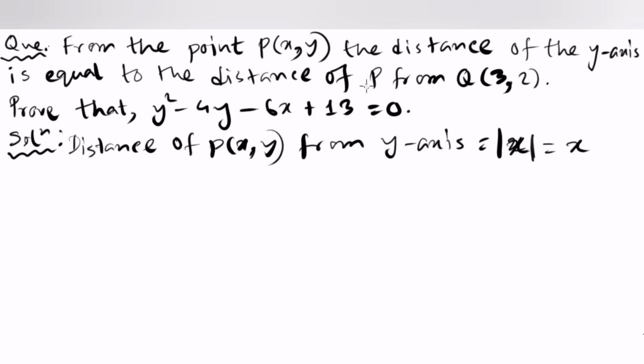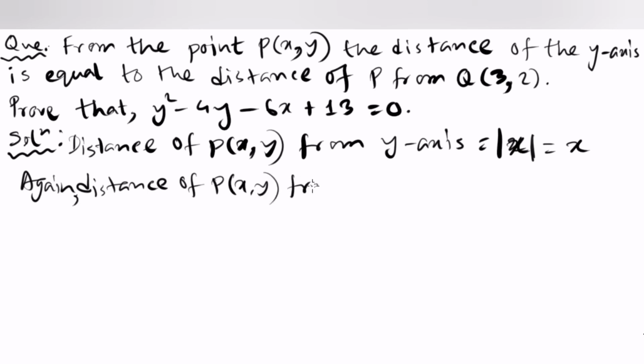Again we have to determine the distance of P from Q. We know the formula for determining distance, so it will be PQ, as the 2 points are given.